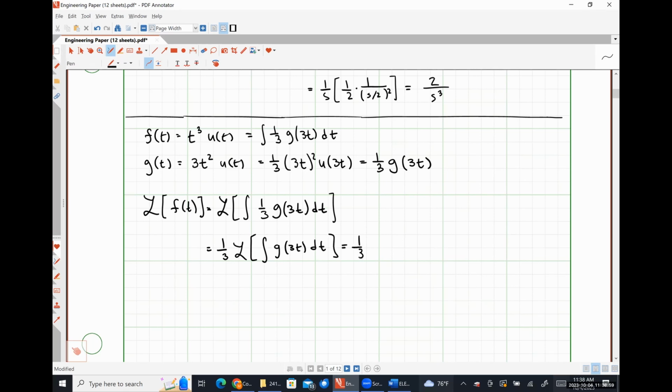So that's going to be 1/3 times 1 over s times 1 over 3 times g of s over 3. Or 1/3 times 1 over s times 1/3 times 2 over s over 3 cubed.